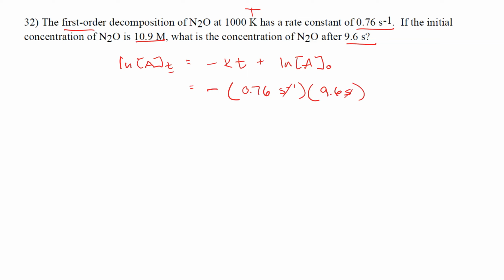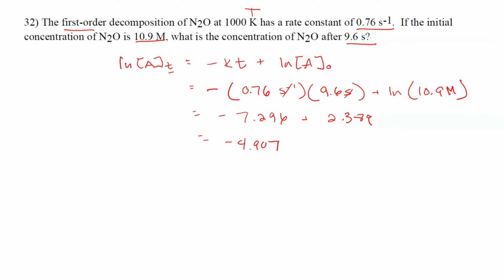Seconds will cancel, removing those units from the term, plus natural log of the concentration of A is going to be 10.9 moles per liter. And we can solve this in steps. It's going to be -7.296 plus 2.389, that's an ugly 9, which is -4.907.